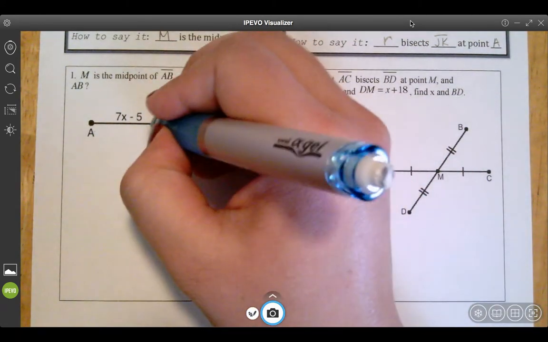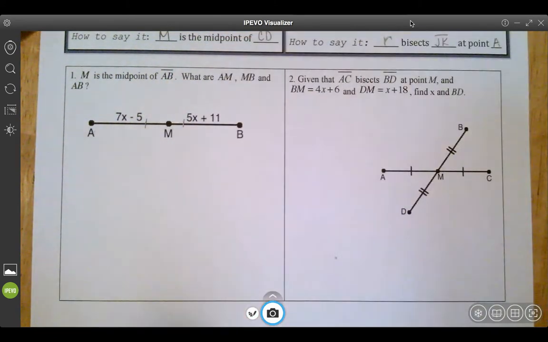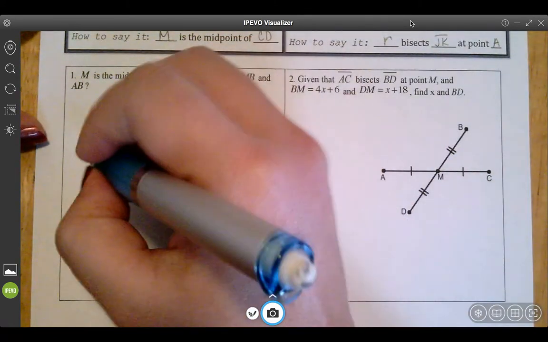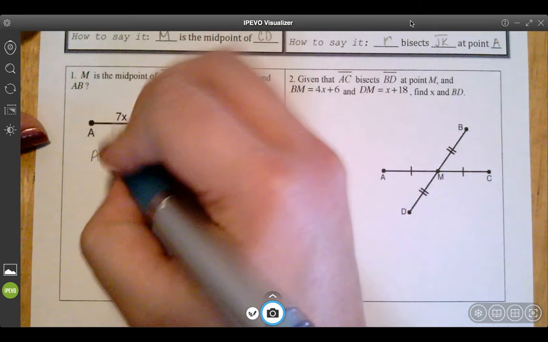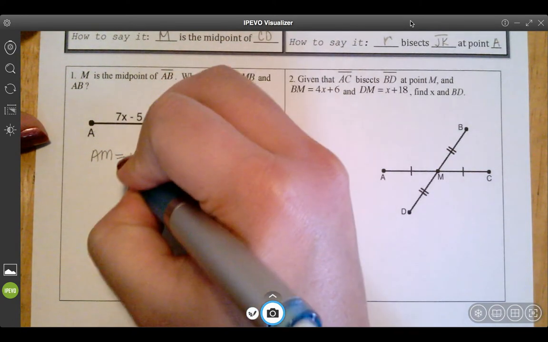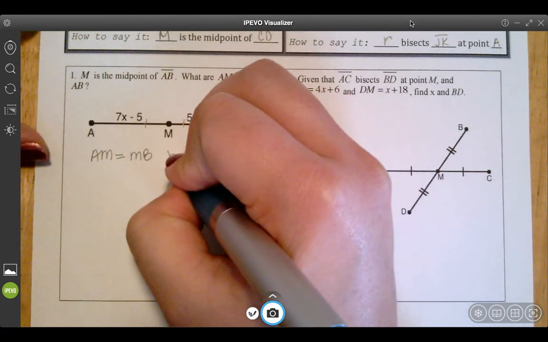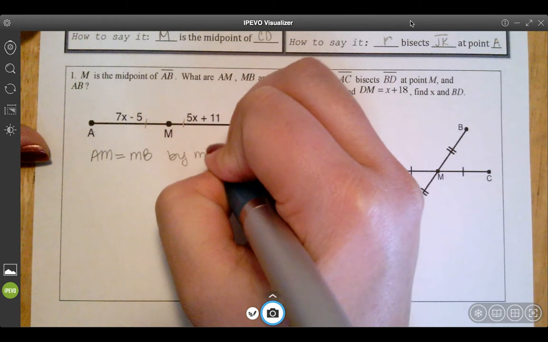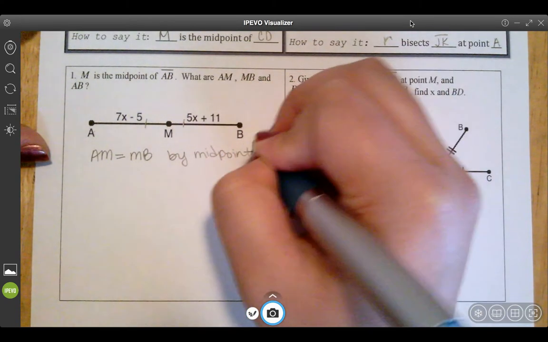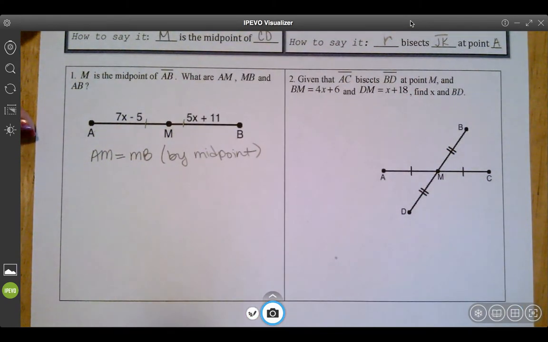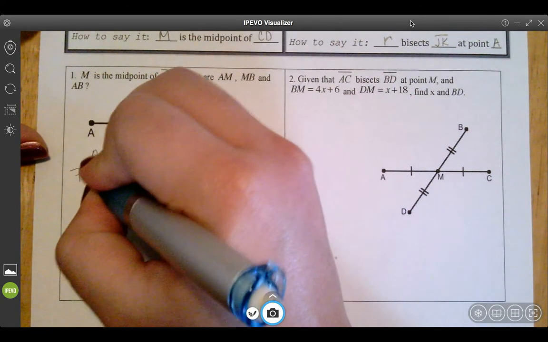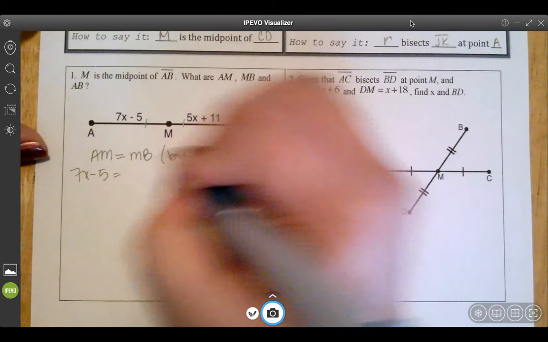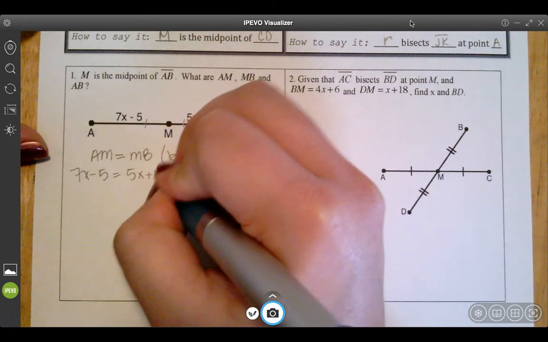In the middle means these two segments are congruent. So we can say AM is equal to MB by midpoint. That's just saying, how do I know that? I know that because M is the midpoint. AM is 7x minus 5. MB is 5x plus 11.